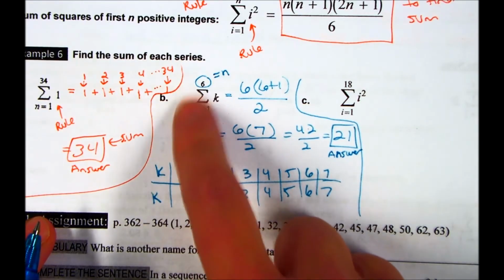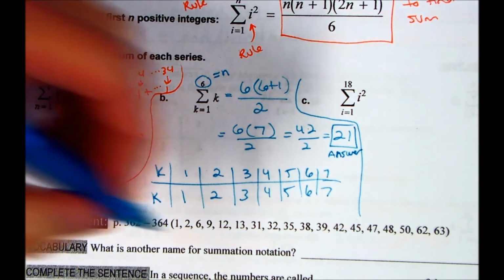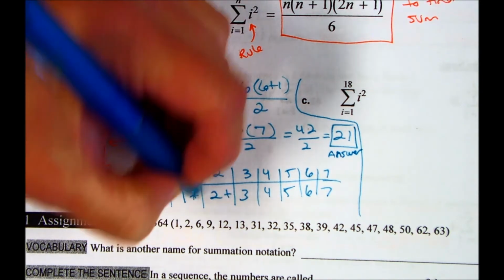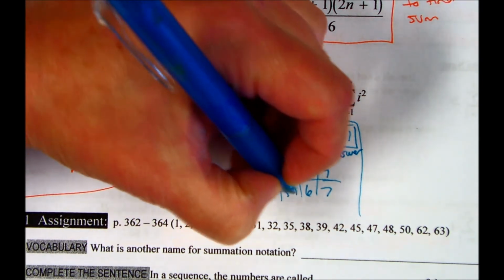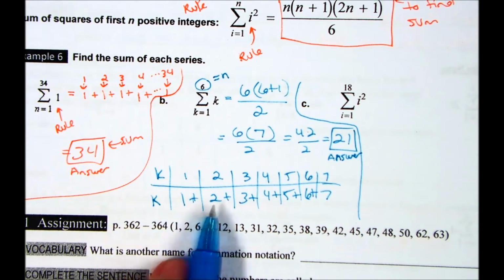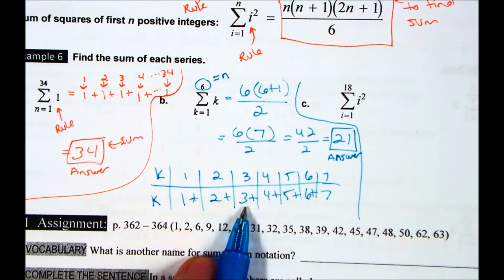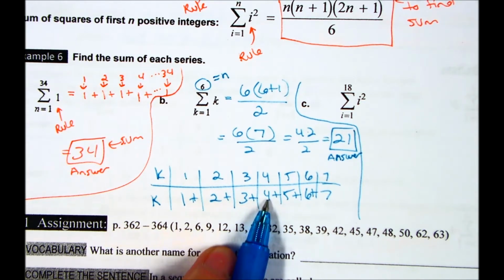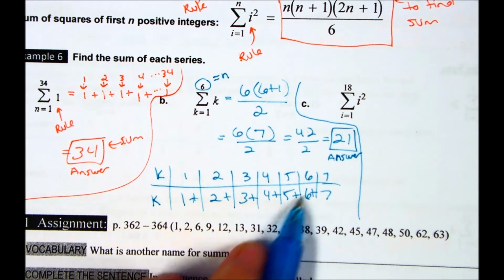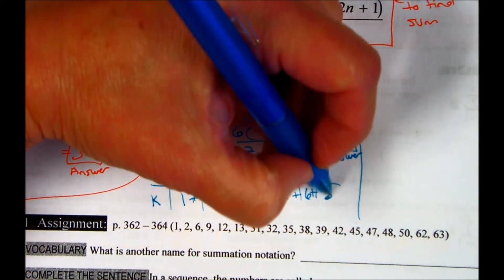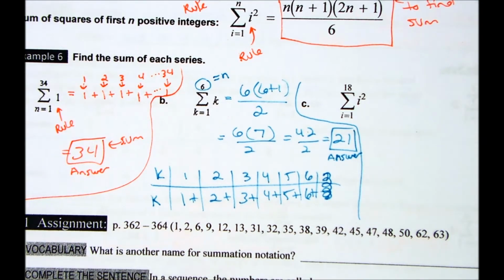What the summation notation is telling you to do is add these up. So if I were to add 1 plus 2, I get 3. Plus 3 is 6, plus 4 is 10, plus 5 is 15. Oh, yeah, I accidentally went to 7.